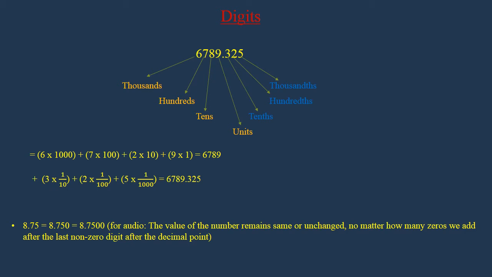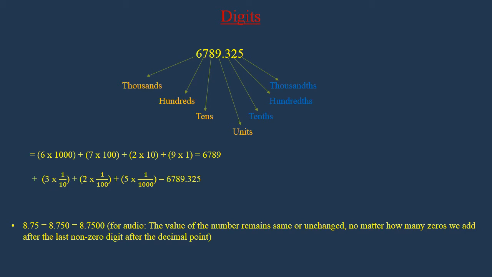The reason why we should know place value is that it helps us understand the number better. As 6 is in the thousands place, the value it contributes towards the number is 6 into 1000, 7 contributes 7 times 100. Digit 8 contributes 8 into 10, and digit 9 contributes 9 into 1. If we add these products, we should get 6789.